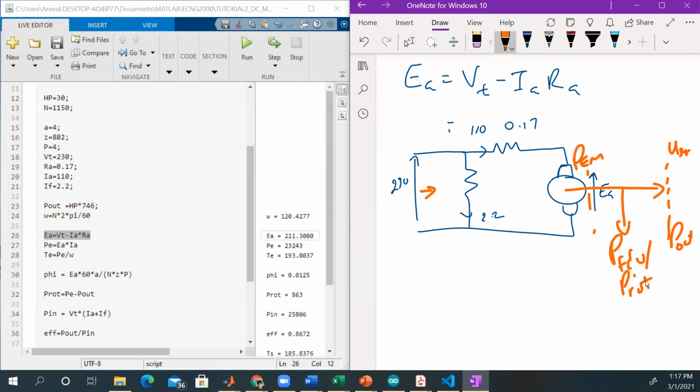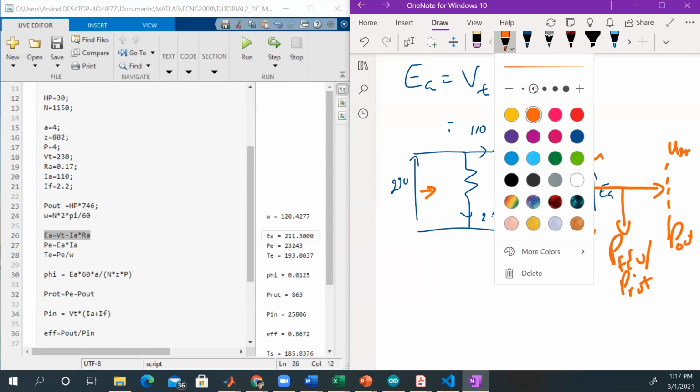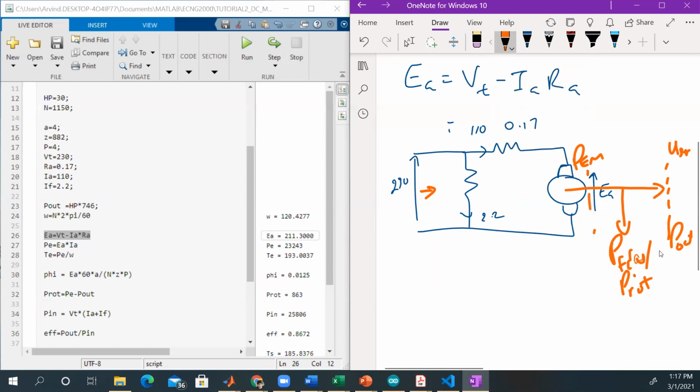So what we need to do is get the difference between the electromagnetic power and the output power. You'll see here, P rotational is PE, which is your electromagnetic power, minus the output power.